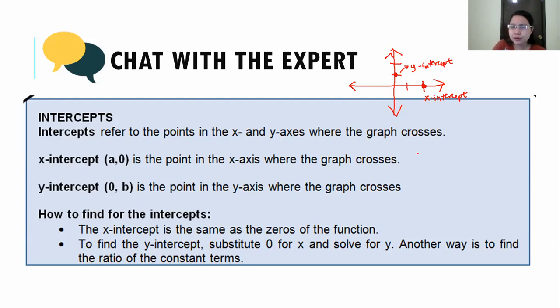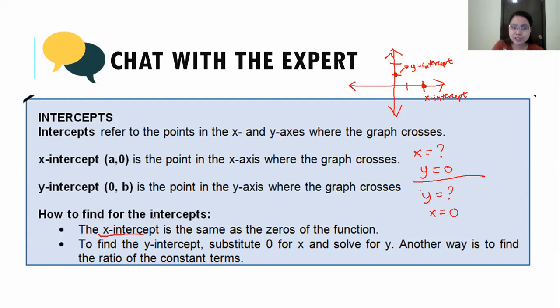Now, how do we solve for the x and the y-intercept? If you solve for the x-intercept, you need to make your y 0. If you solve for the y-intercept, you need to make your x 0. But let me teach you a technique.